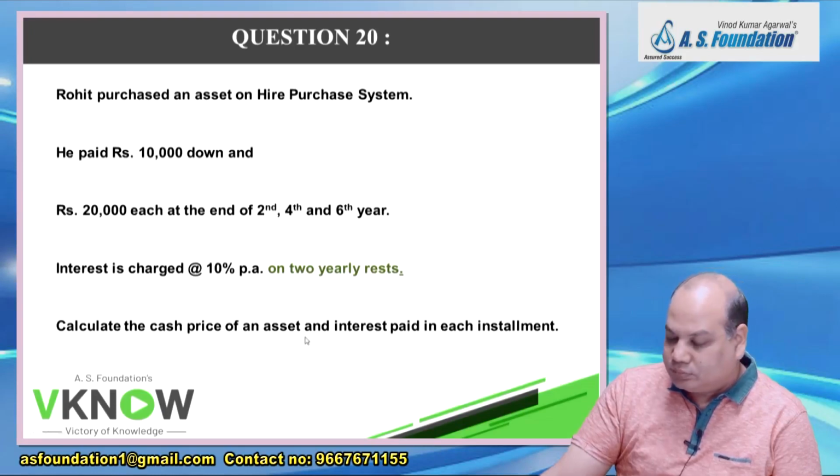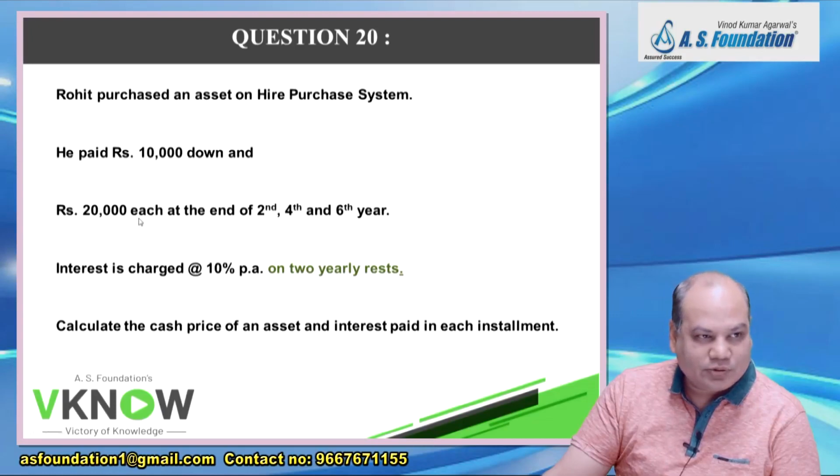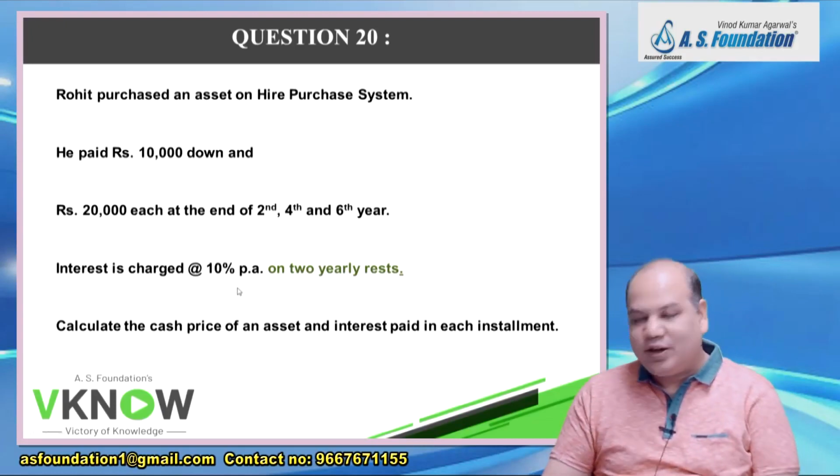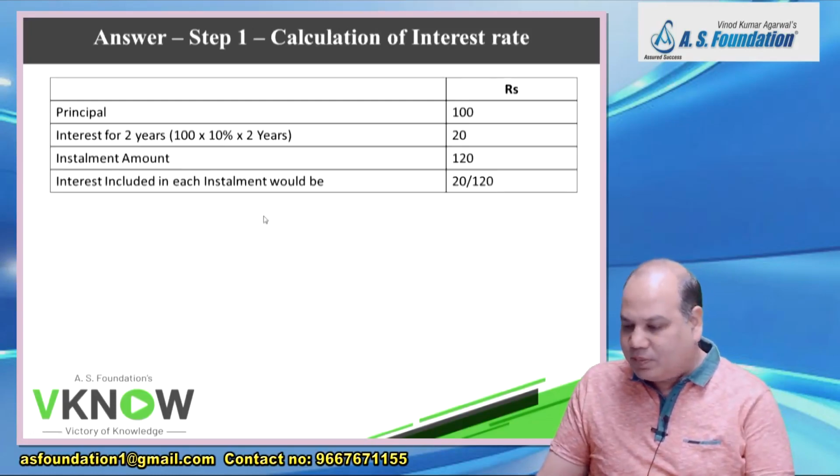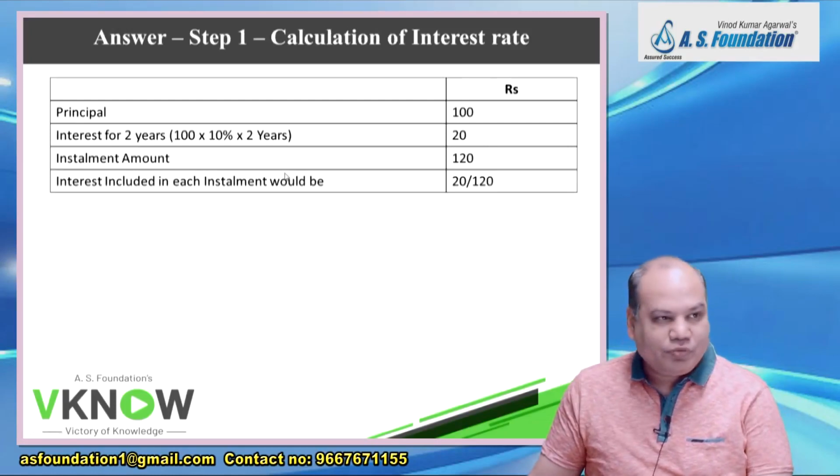What you are given is HP price. 10,000 is down payment, 20,000, 20,000, 20,000. Total 60,000 is in the form of installment, which includes interest. So you have to find the cash price. First, you will prepare a small working note.